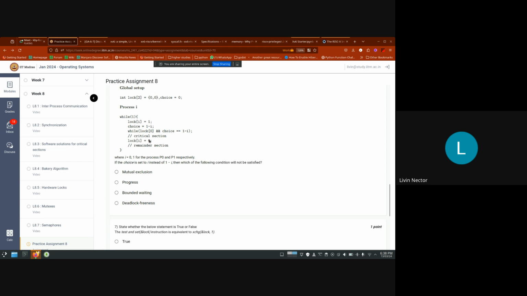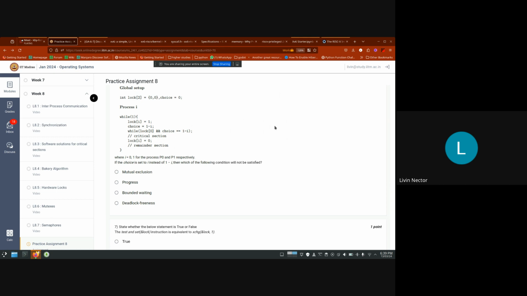So while this doesn't want to enter, you can see that this loop will break in the other process while I am in the remainder section. That guy can enter multiple times because this is 0 while I am in the remainder section and I don't want the lock. So if I don't want this, this guy is able to do this multiple times. So there is progress.